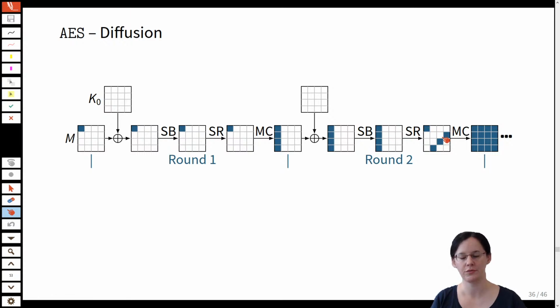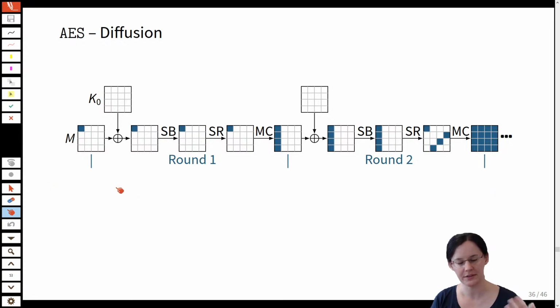This is now shifted into different columns, and now mixed columns blows up each of this 1 byte change to a 4 byte change. So here, after only 2 rounds, we already have this effect that each bit here influences each bit here. This is a property that's also called full diffusion. So it reaches full diffusion after 2 rounds.